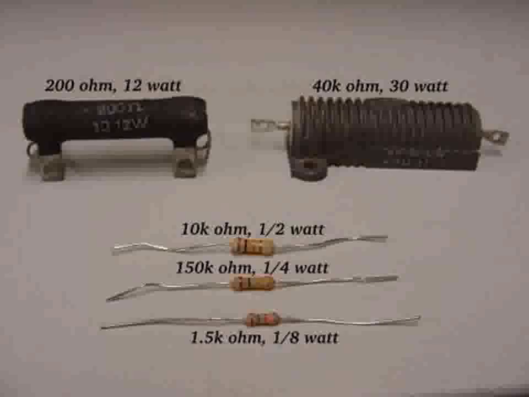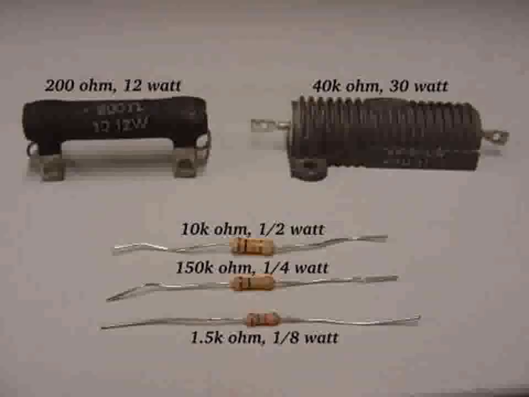Similarly, figure 2 shows 40 kilo ohm. 1 kilo ohm means 1000 ohm, so 40 kilo ohm means 40 multiplied by 1000 ohm, and this is a 300 watt resistance, that is, its capacity is more than the previous one.